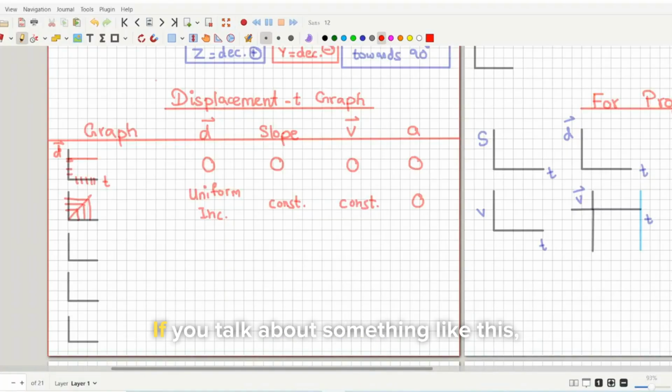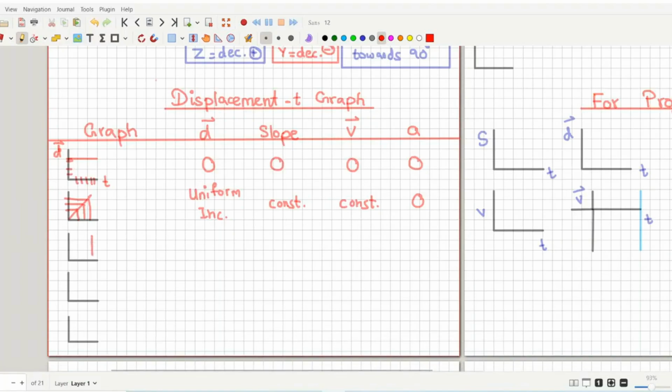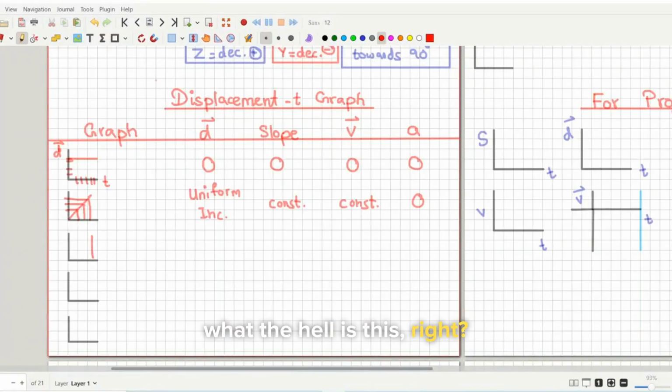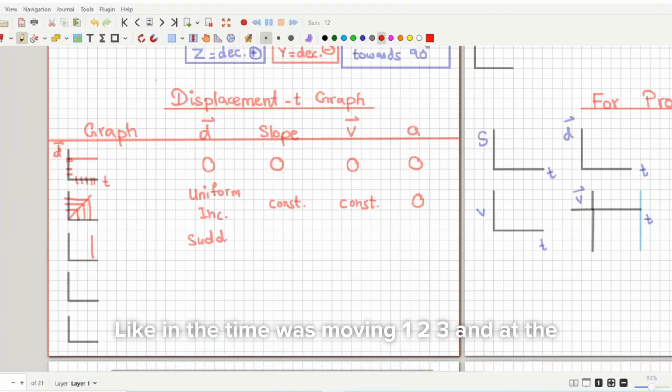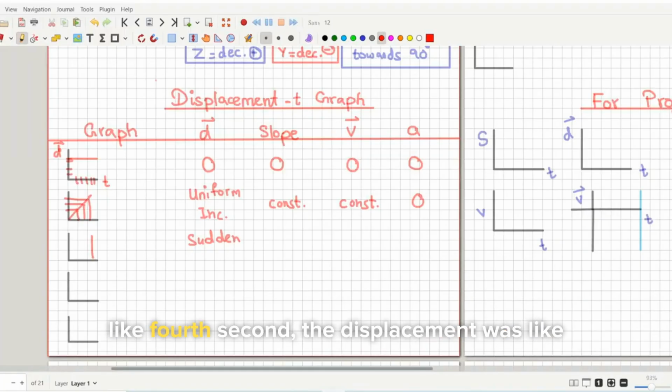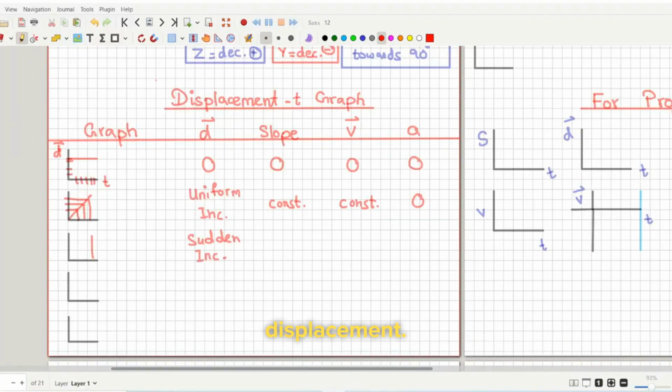Simple. If we talk about something like this, what the hell is this, right? Because as you can see, the time is still and the displacement goes to infinity. It is like an impossible graph because the displacement has a sudden increase. Like time was moving 1, 2, 3, and at the 4th second the displacement was 100 meters. Suddenly you covered 100 meters of displacement.